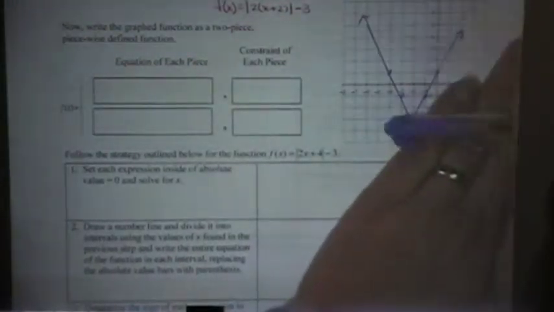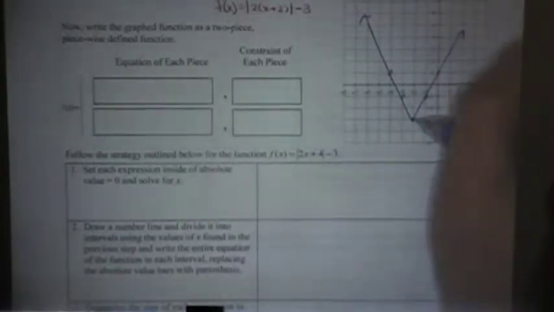So if I'm looking at those pieces, and I want to write the equation of each piece, I have to identify what shape they are. Well, absolute values are easy. They are linear. So I have this linear piece, the one on the right-hand side, and this linear piece, the one on the left-hand side. So let's first define our constraints. Reading from left to right, I have this linear piece, and it goes as far as this place right here, and then it switches to a different linear piece.